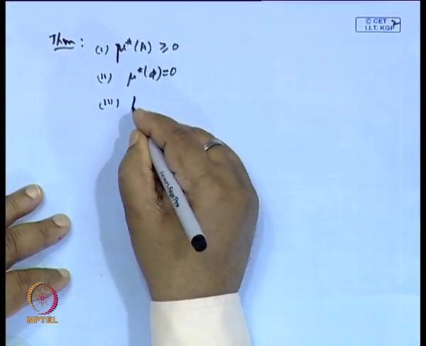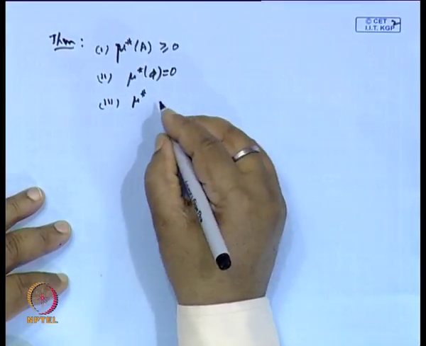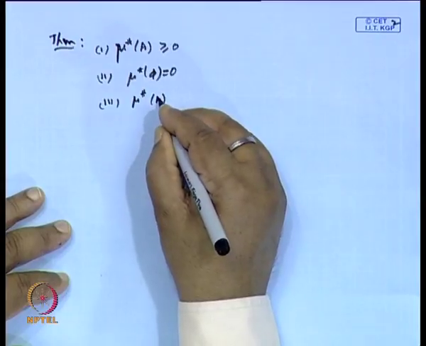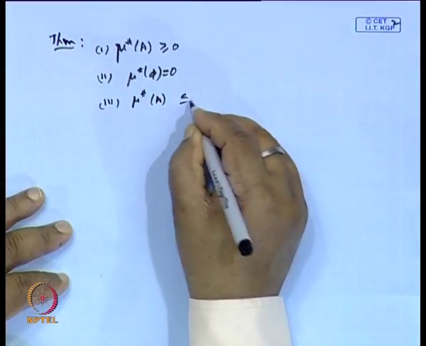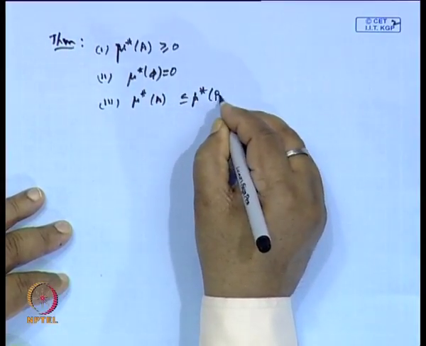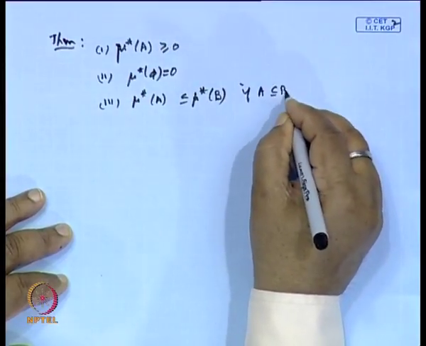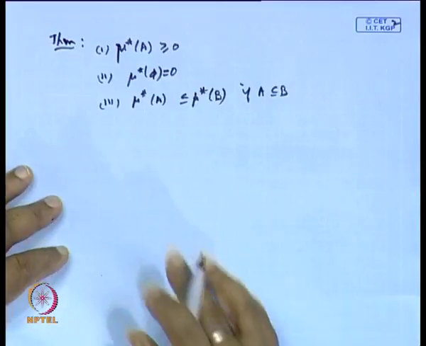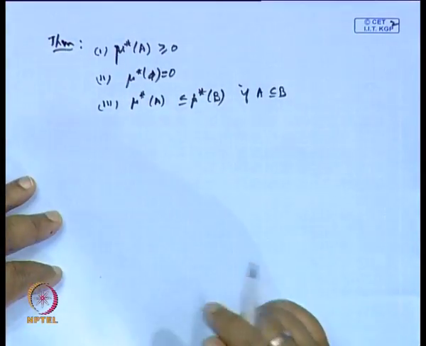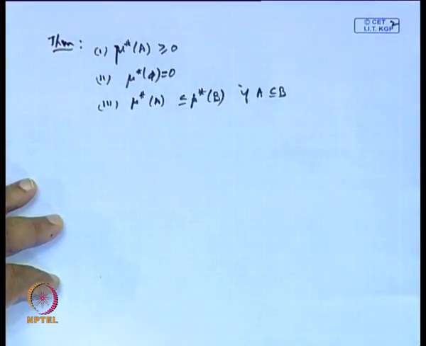The outer measure of a set A is less than or equal to the outer measure of a set B if A is contained in B. This is always satisfied.